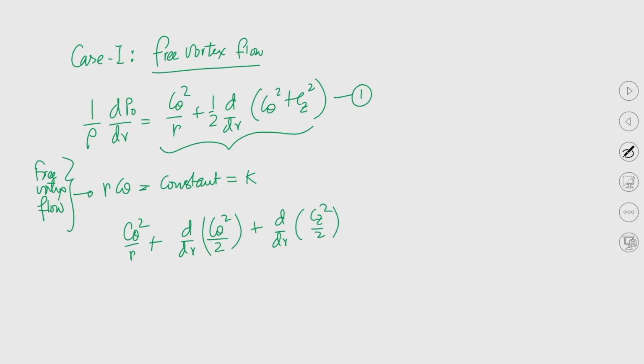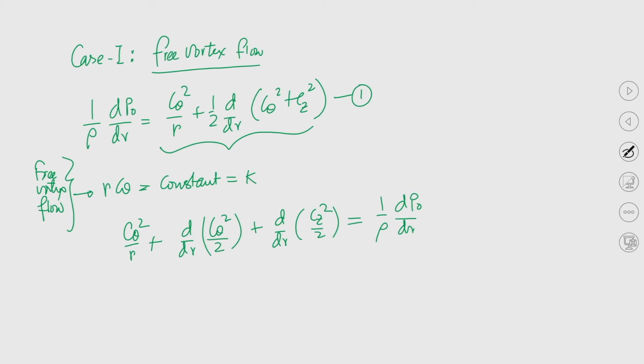So, now if it is free vortex flow, this is the equation. So, this will be equal to 1 by rho dp naught by dr, right. Now, the question is when p naught is not varying with r, that is what we have discussed in the last class. So, we have discussed in the last class that if p naught is not varying with r, what will be the equation?